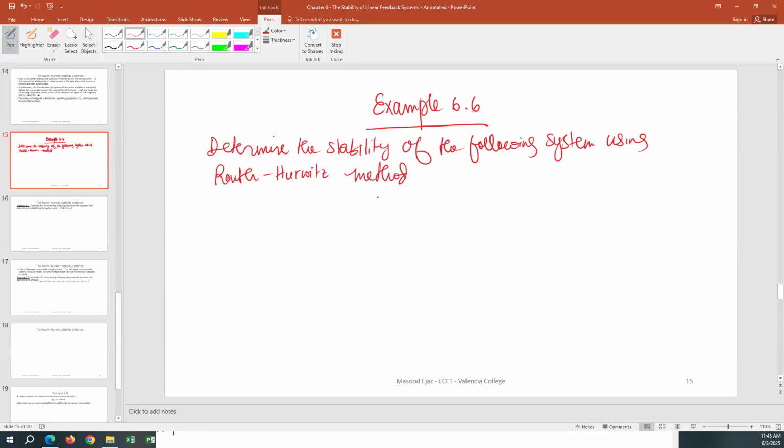And the characteristic equation of the system is S5 plus 6S4 plus 73S cubed plus 274S squared plus 1332S plus 2088.